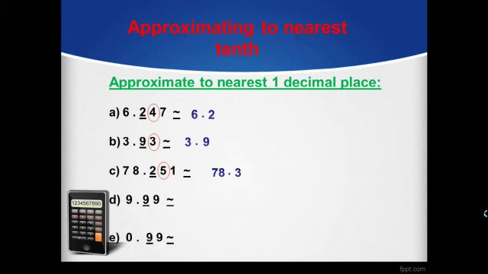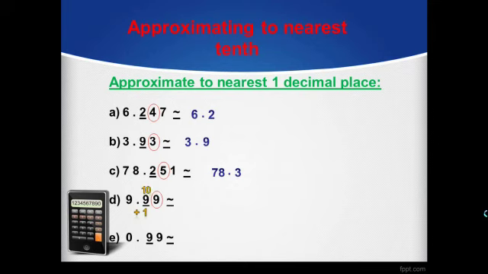Next one, 9.99. Right, our underlined number is the tenth digit. We will look at hundredths, which is 9. It's a strong number that will give 1 to tenth digit, and 9 will become 10.